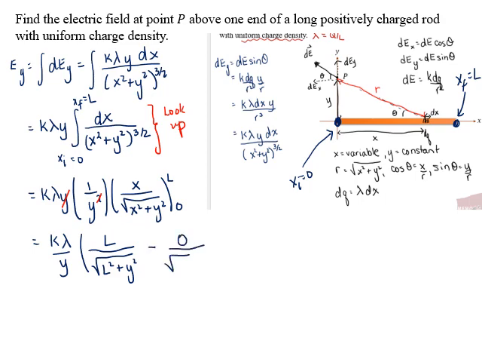So 0 over the square root of 0 squared plus y squared. So this whole term is 0. So let's write this all together. What I've got is k times lambda times L divided by y times the square root of L squared plus y squared. Okay, there's our y component done.